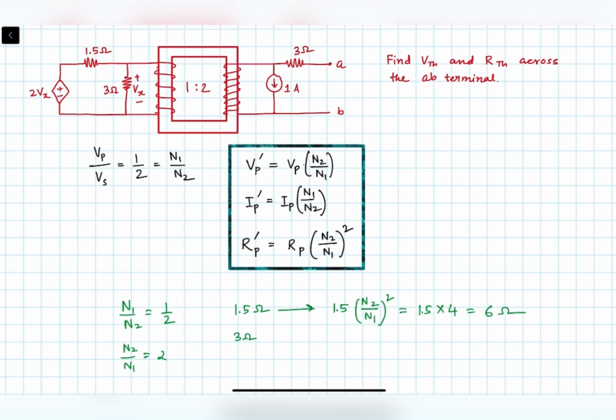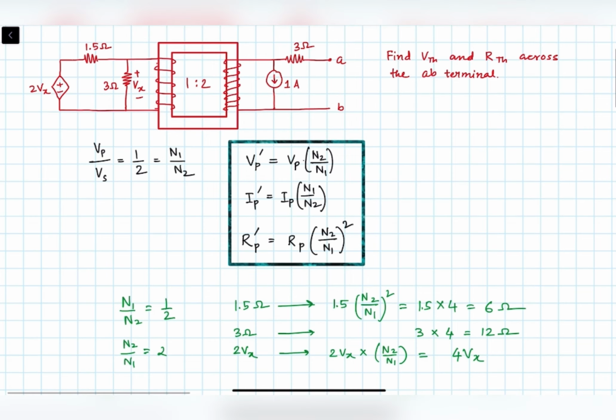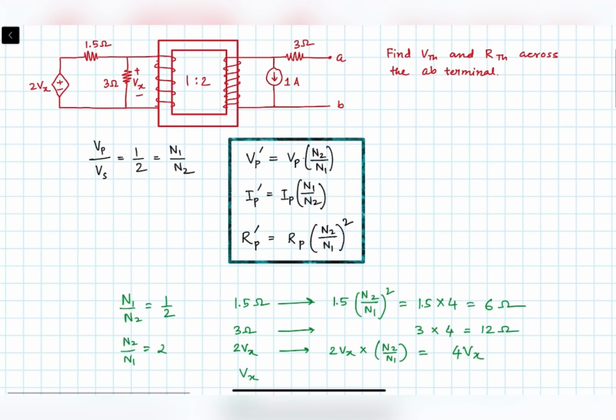Then similarly 3 ohm will transfer to 3 into 4 again, so it will become 12 ohm. 2Vx will become 2Vx into N2 upon N1, right? So that will become 4Vx, and we have another Vx that will become 2Vx.